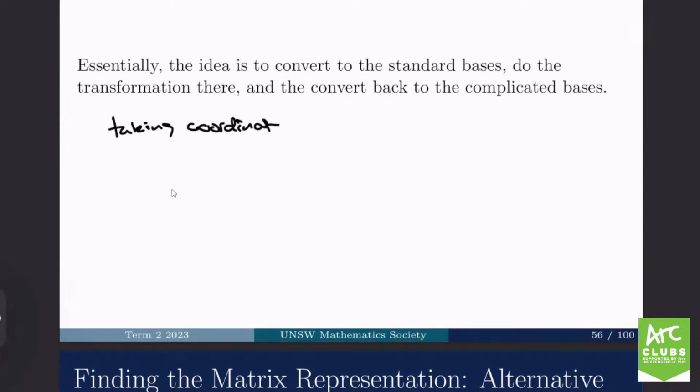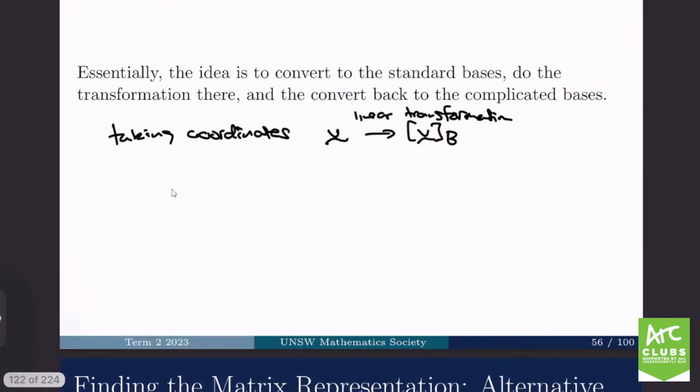For example, if I have a vector and I express it with respect to a basis B, that is a linear transformation. Now, if this is a linear transformation, it can be represented by matrix multiplication, okay? So there will be some matrix that is equivalent to taking coordinates.